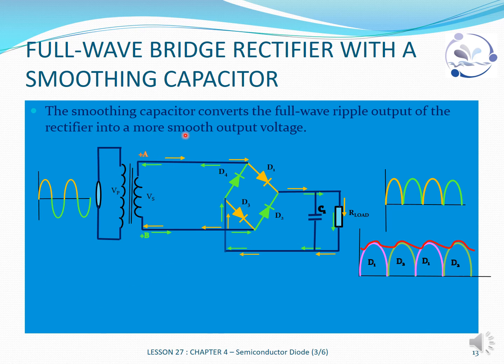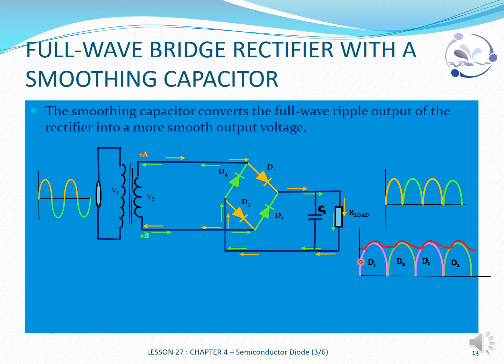The smoothing capacitor converts the full wave ripple output of the rectifier into a more smooth output voltage, which is this one. The principle is the same. We will have D1, D3 conducting at the same time, and then D2 and D4 conducting at the same time.